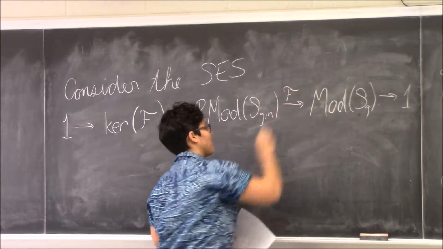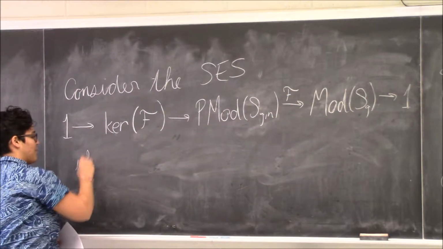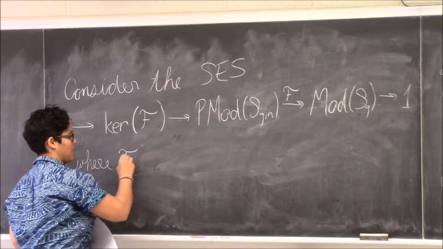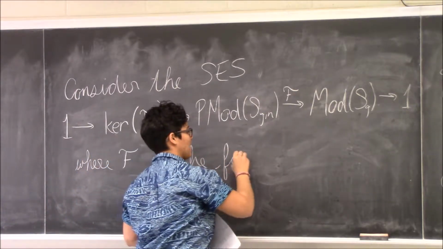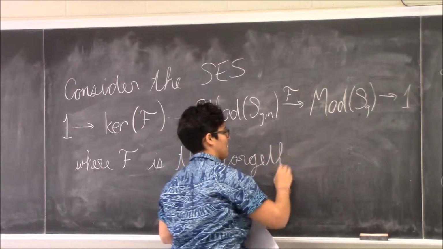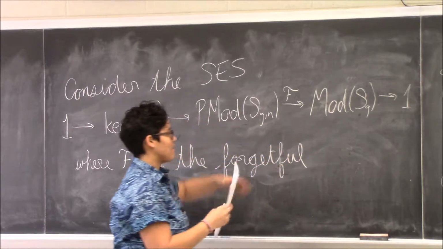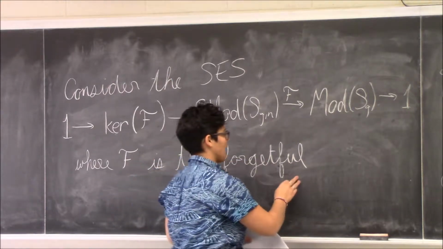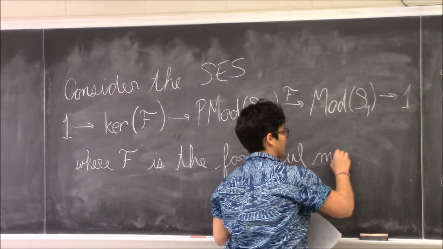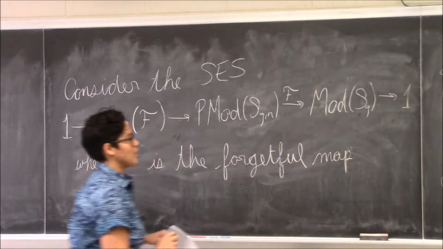So this is our map script F, where this F is the forgetful map. And what do I mean by that? I mean that we're just forgetting that we have these marked points or punctures on our surface, and we look at the mapping classes that they induce on our closed surface. So you could also think of it as filling in the punctures.